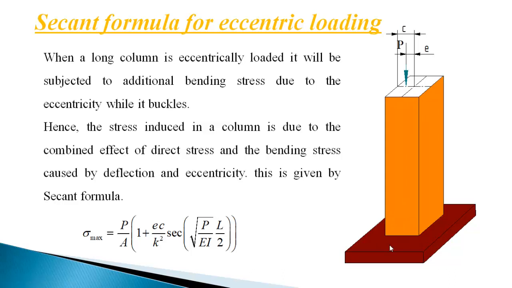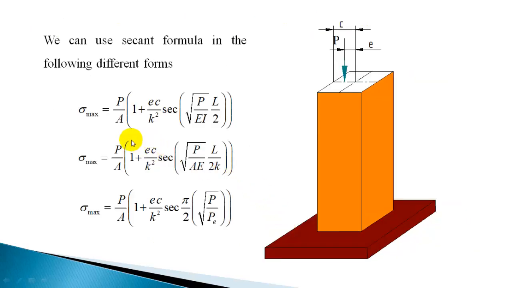It is not applicable for other types of end conditions because the resisting moment induced on the fixed end will prevent this additional buckling when the load is applied with an eccentricity. So it is applicable only for a column with one end fixed and the other end free, and a column with both ends hinged.